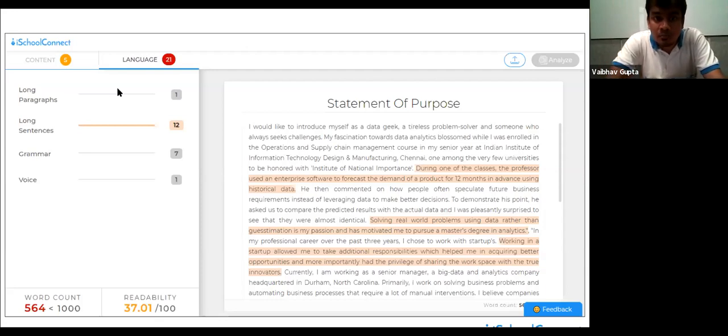Galaxy A30 asks, which application is this for writing SOPs? Please guide us. I'm not able to understand. Okay, so this tool is the document grader tool. If you visit www.iSchoolConnect and register on the platform, you will get a 7-day trial of this document grader tool once you register.